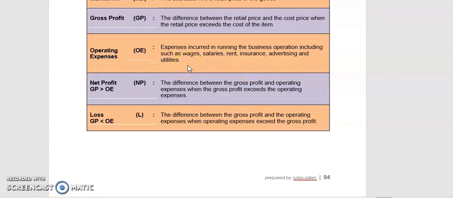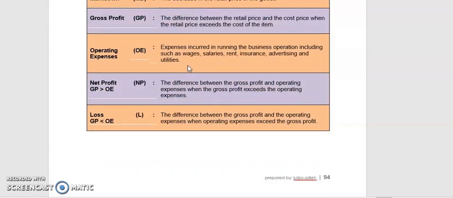For sure, if you run a business and you have a building, you need to pay for the rent, electricity bills, water bills, or salaries for your workers, and so forth. Those are examples of operating expenses. Later in business, you also need to consider operating expenses in order to know how much you lost or how much profit you gain.